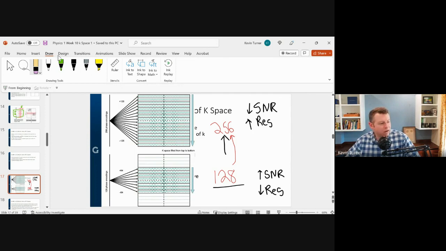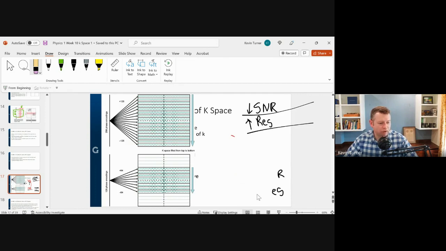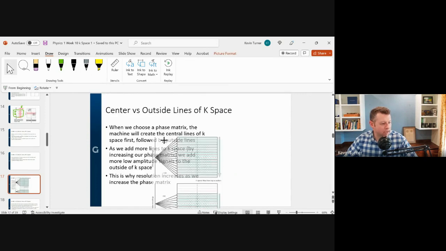The more echoes I create, the steeper my phase encoding gradient has to be, decreasing SNR, increasing resolution, because I'm filling up more of the outside of K-space. Right, so that's what this picture is showing you here. As I increase phase matrix, I create more and more echoes on the outside of K-space.